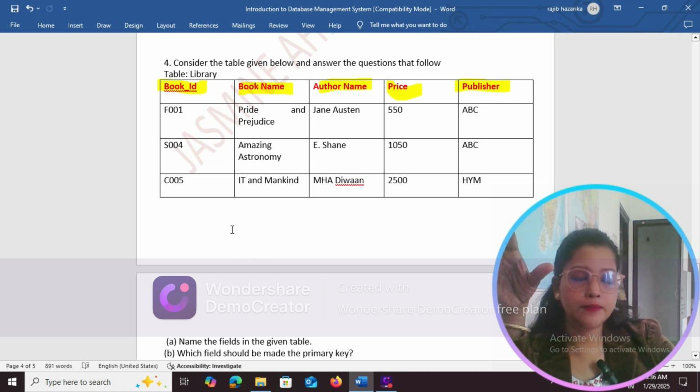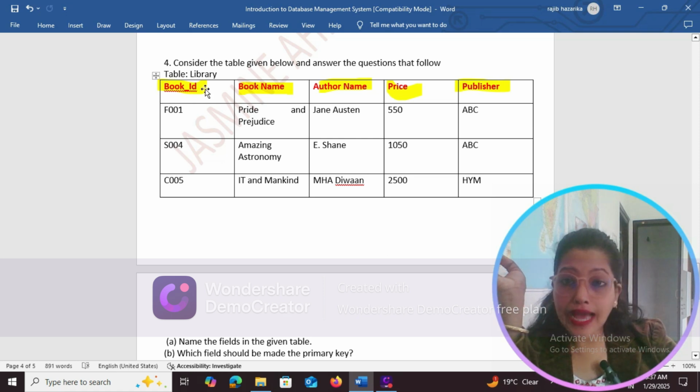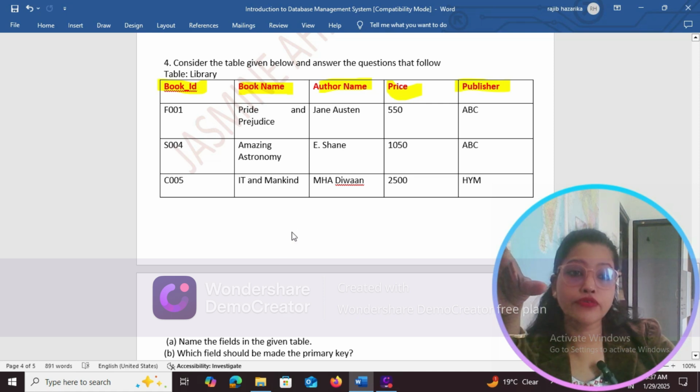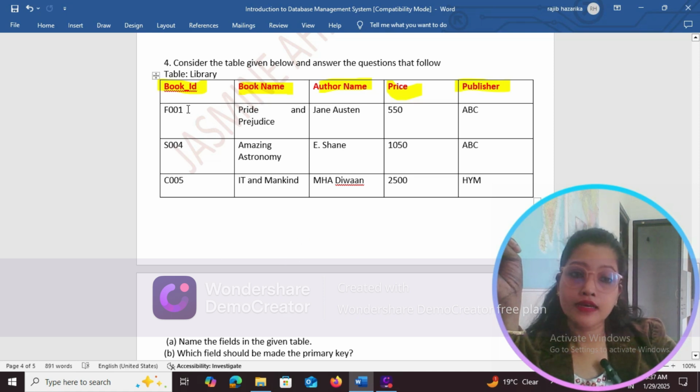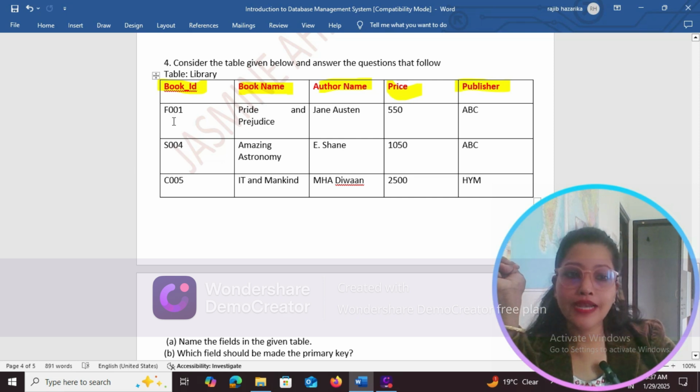For example, a student is taking a book from that library, and while taking the book, the librarian will enter the details of that student, so he will enter the book ID also, F001.